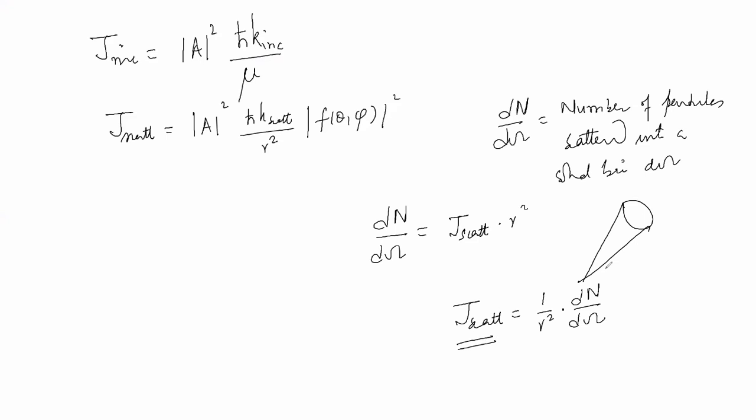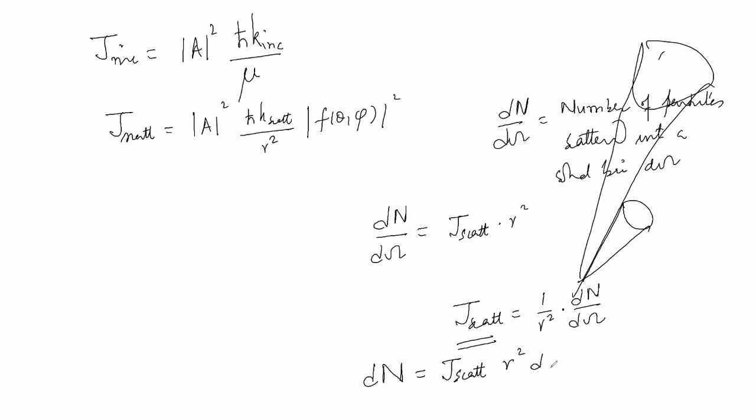See here, as you move far away from the scattering center, the number of events that you are going to register will decrease by a factor of 1 by r square. Therefore, equivalently, you can say that the number of particles which have got scattered into a solid angle d omega is nothing but j scattered times r square times d omega.